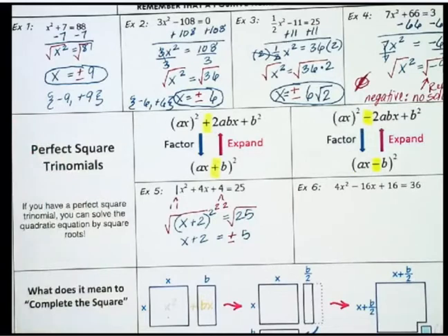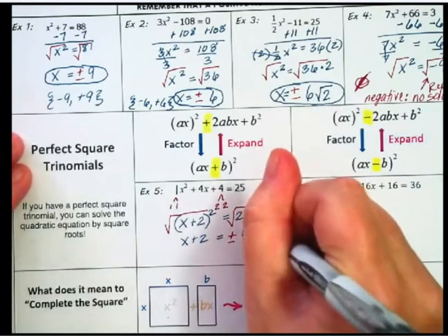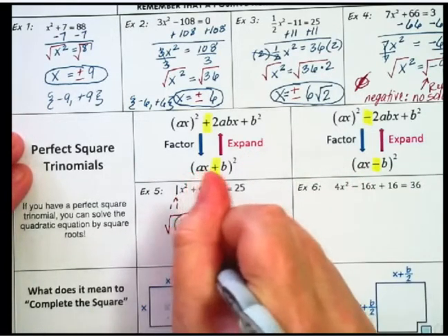Now I'm not actually done here. I still haven't isolated the x, but I couldn't do anything with the x when it was inside the parentheses with the 2 added to it. So I had to square it first, or square root it first rather. Now I can subtract the 2 from both sides. So minus 2, minus 2.